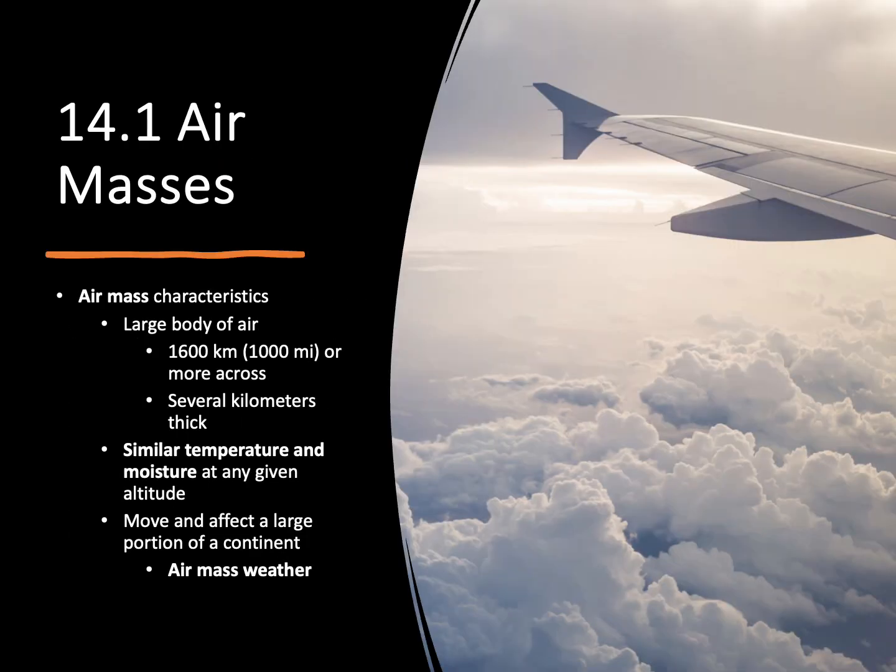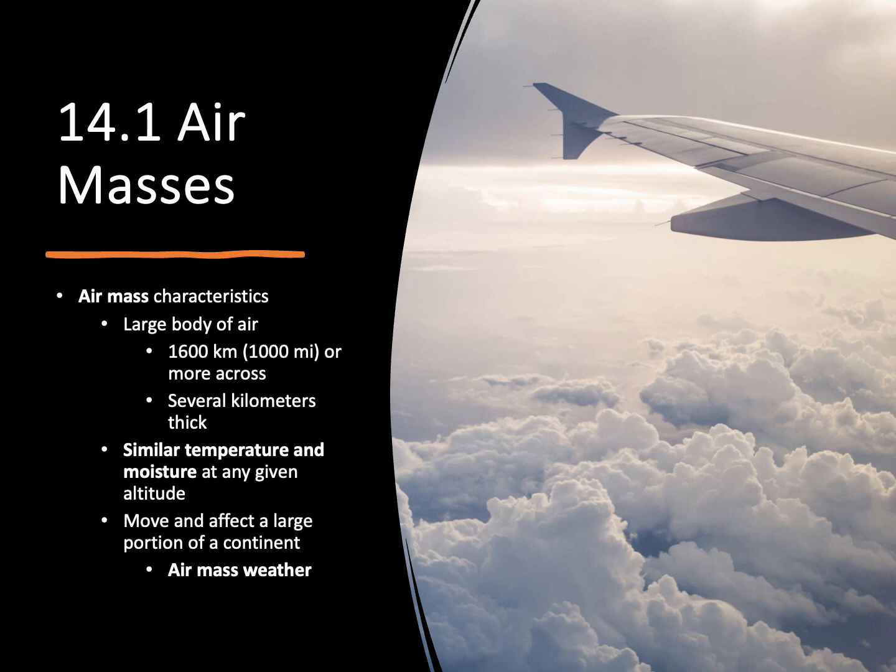Weather is caused by air masses interacting and moving across large continents. And an air mass is just a really, really large body of air. Usually they can be up to the size of a continent. Usually these are going to be about 1,000 miles or so in diameter, and they're also going to be several miles thick.